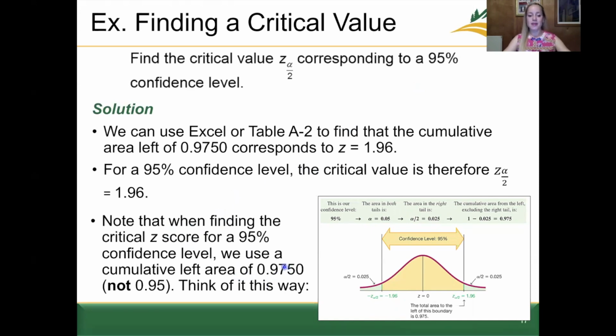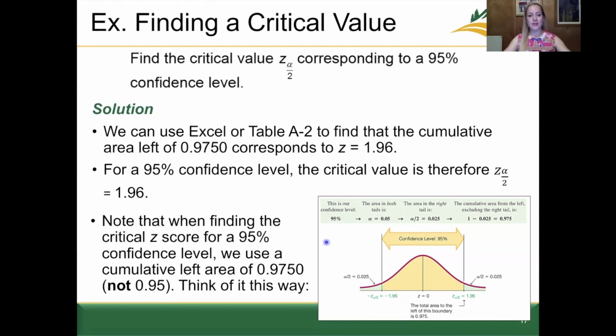We found that by taking this confidence interval, connecting that to an alpha value, taking alpha over 2, then finding that cumulative area from the left and how that corresponds to a z-score. The wrong way to take this is seeing this 95% confidence level and then thinking that you need to find the cumulative area from the left using an area of 0.95. Do not do that. Think through all the steps, find your alpha value, take it step by step.